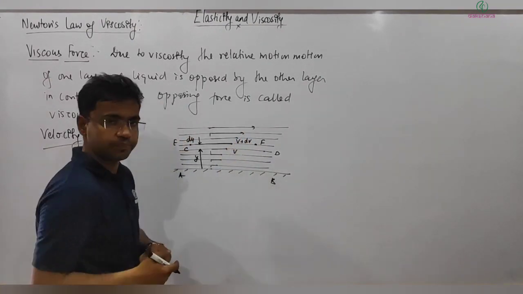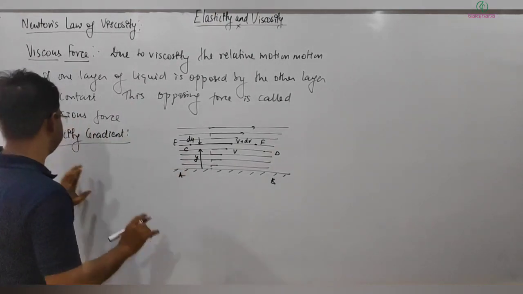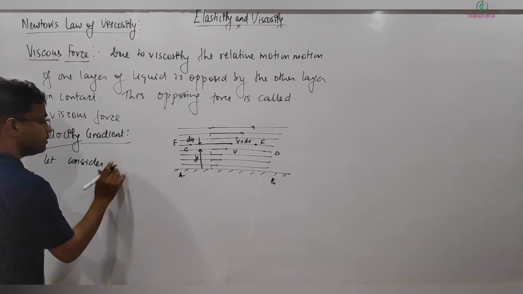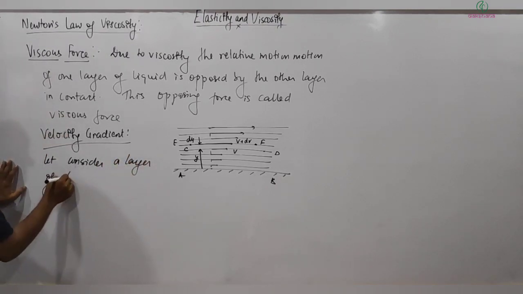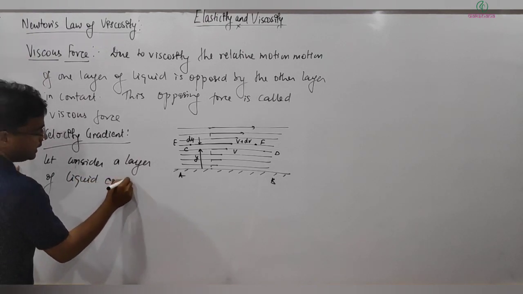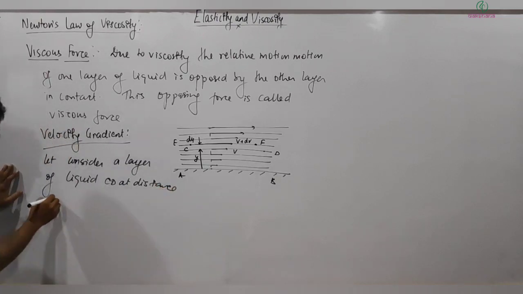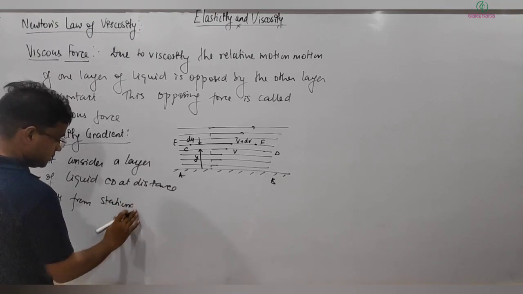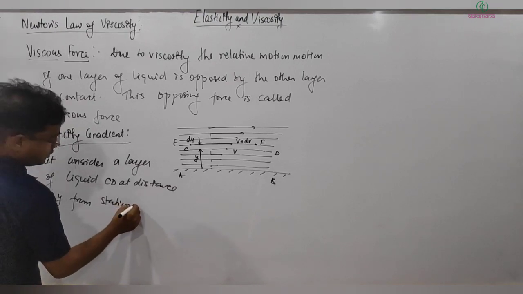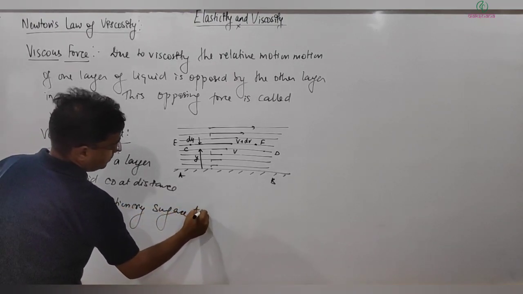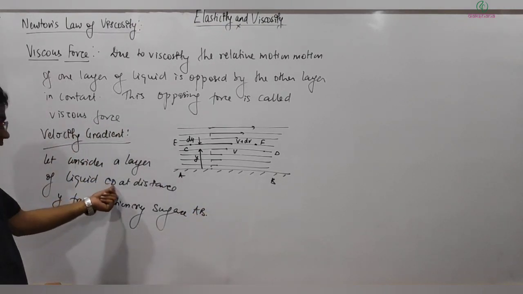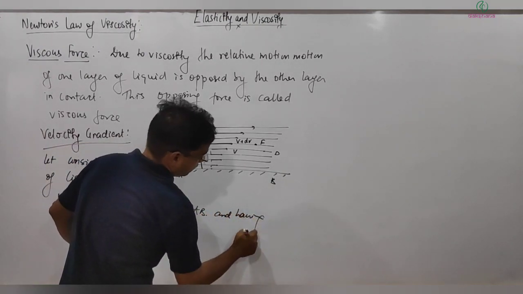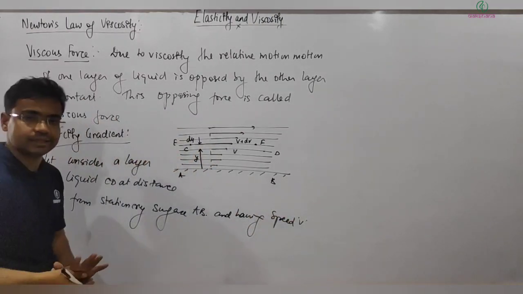So consider a layer of liquid CD at a distance y from the stationary surface AB, having speed, or you can say velocity, v.